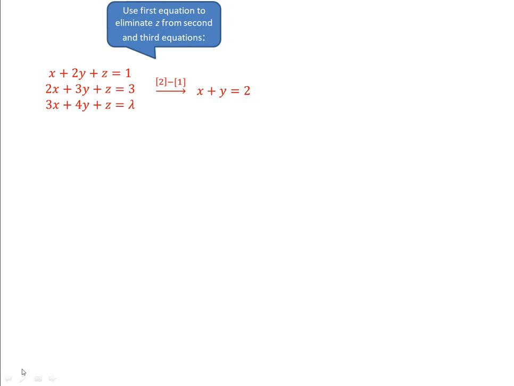Similarly, we can take equation 3 and subtract equation 1, and that will end up giving me 2x plus 2y equals lambda minus 1.